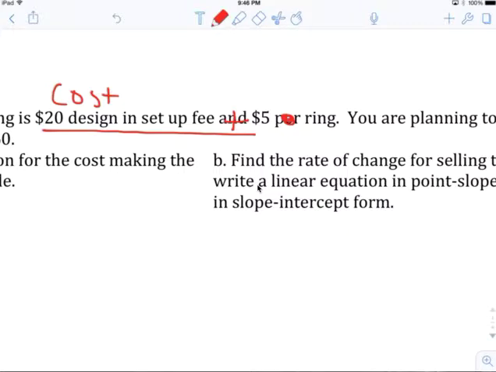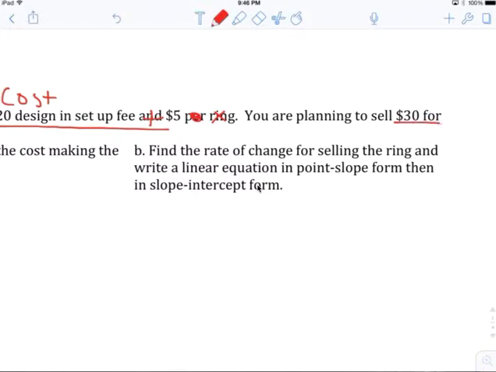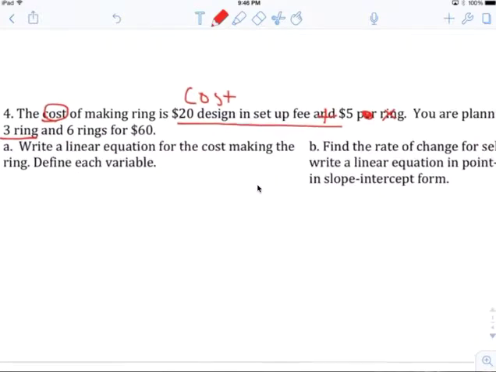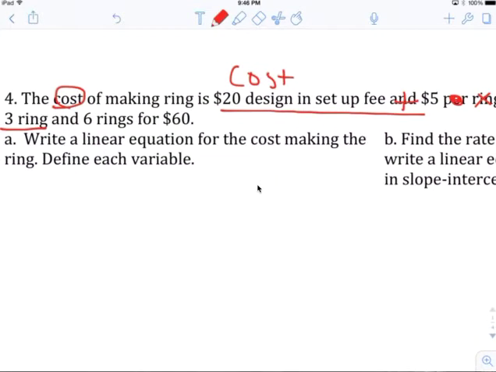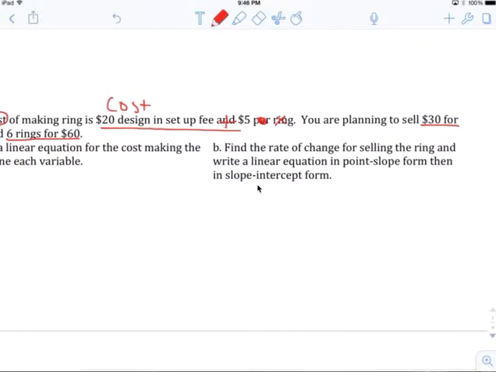"Per" means times x, the number of rings. You're planning to sell 3 rings for $30, no "per", so it doesn't mean it's an equation, and 6 rings for $60, no "per". So that means you plan to sell. Sell is income.